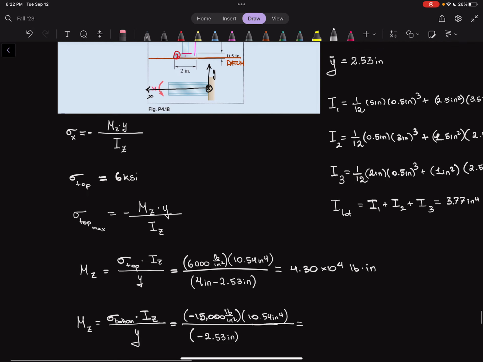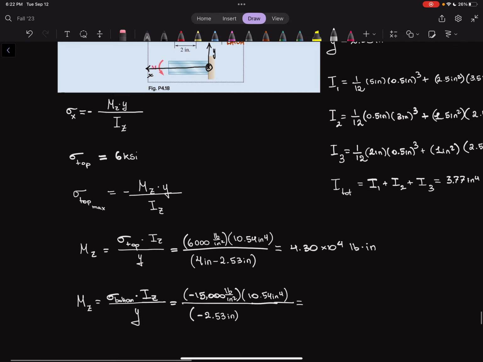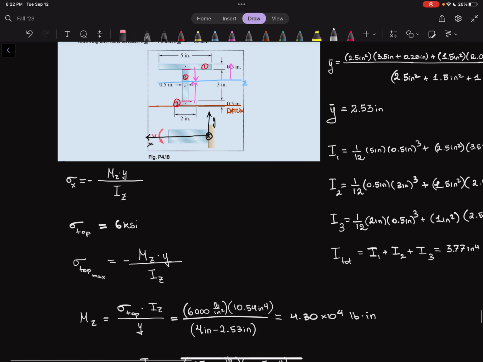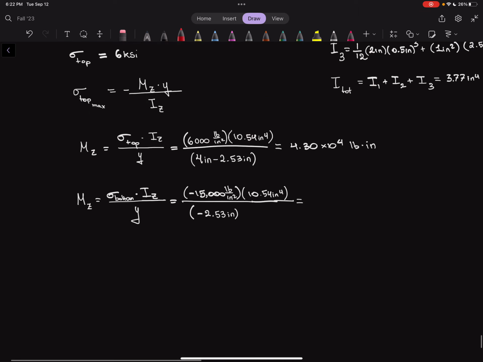Now, another issue is where is our positive direction? Well, we know that our positive direction is going to be like this from our reference system. And then for the bottom, I really hope I'm not making a careless mistake there.